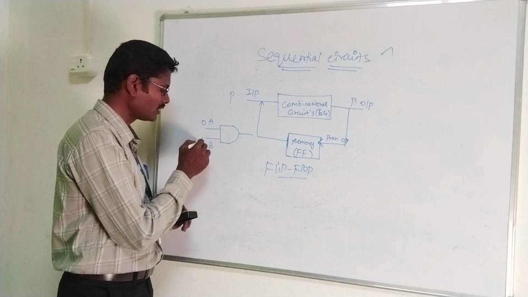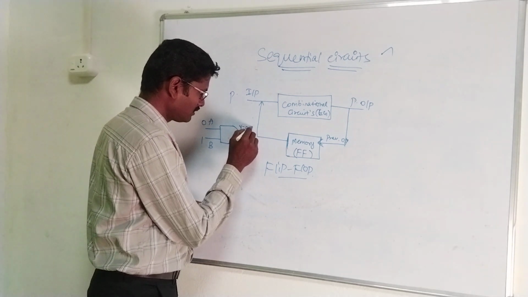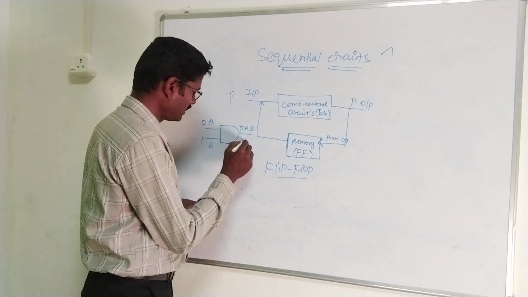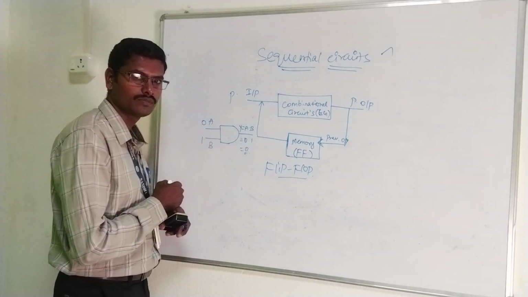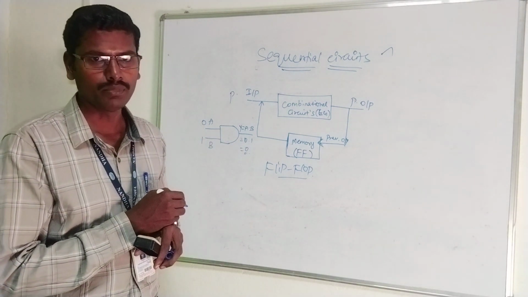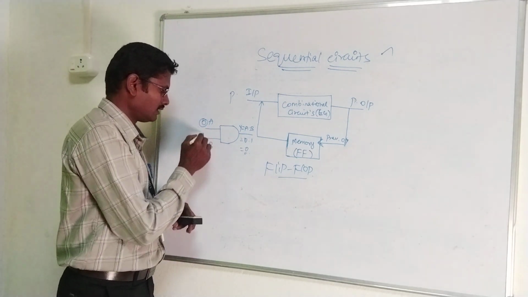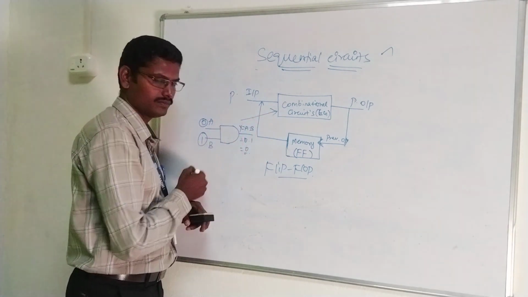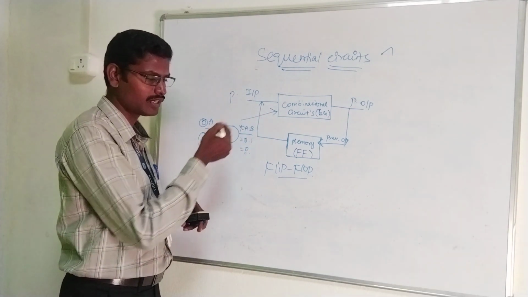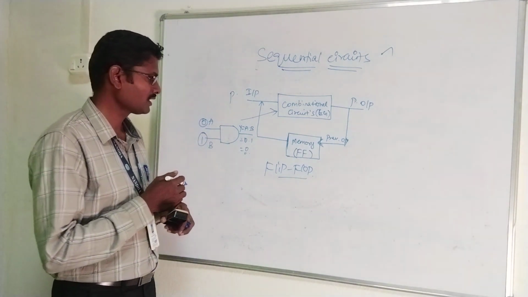The operation of the AND gate is A dot B, so the output will be 1 into 0, which is equal to 0. So the output will be in binary form. Seven types of logic gates are used in combinational circuits based on the application on the expressions.